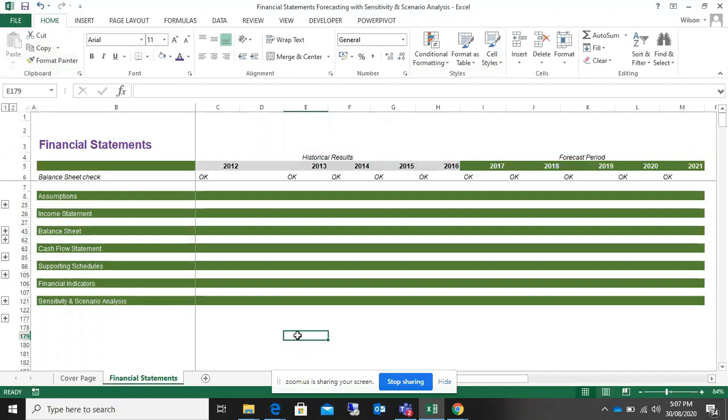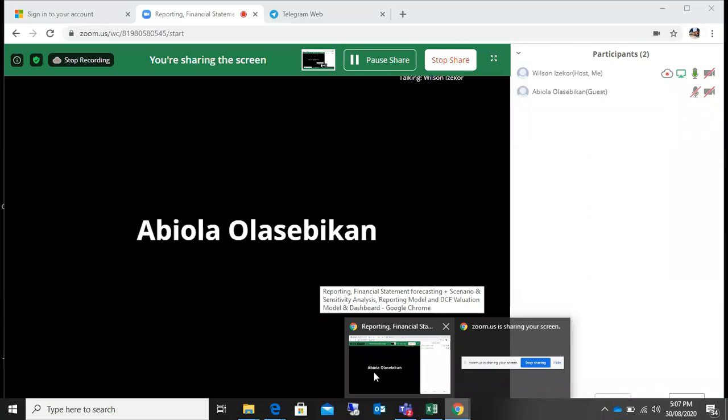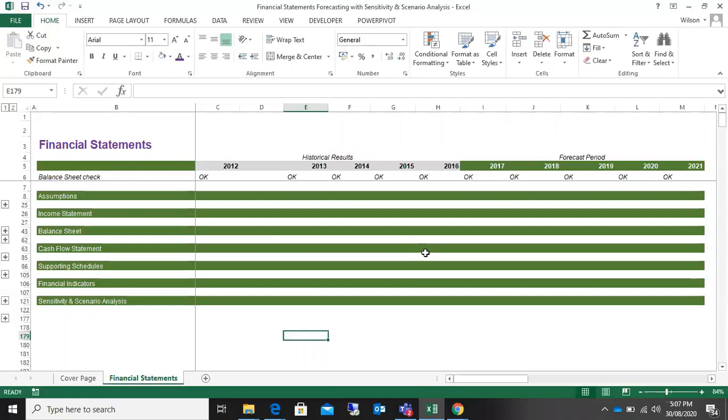If you look at what we have here, this is a continuation of where we stopped for sensitivity and scenario analysis. I understand that in our last class, we were discussing how to build a complete financial statement model where we used the pivot table.